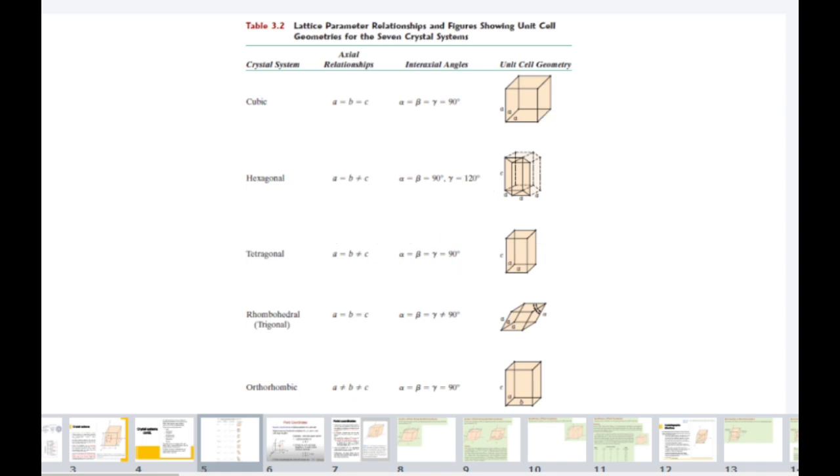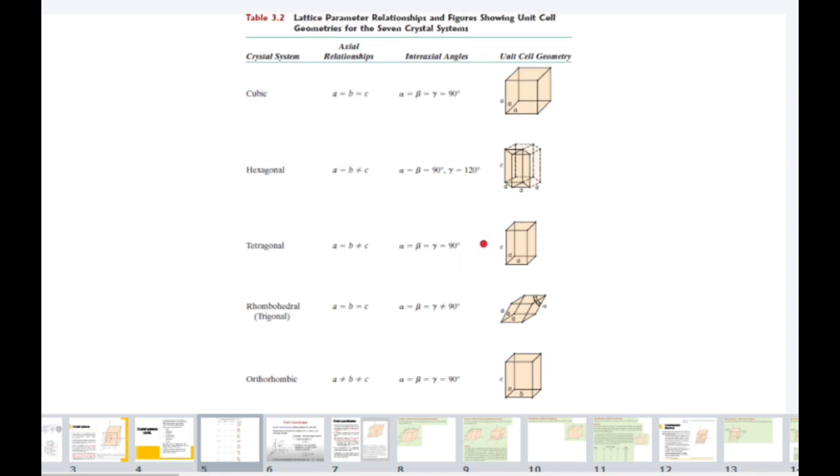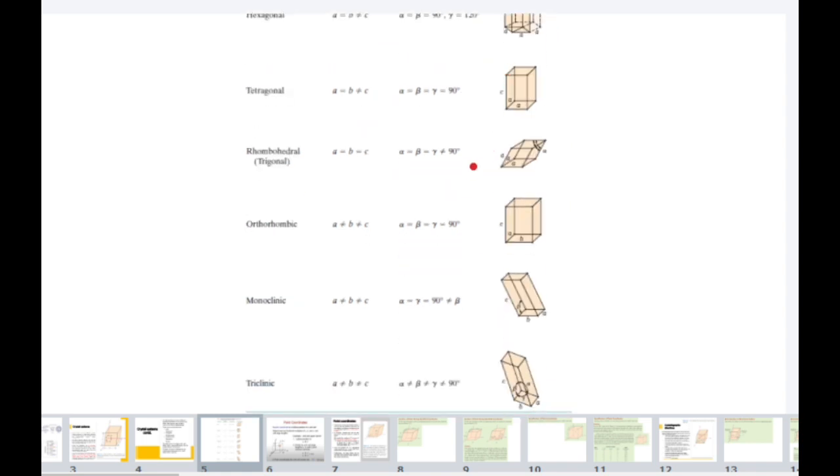And we have the rhombohedral, also known as the trigonal, in which sides are equal and angles are equal, but they are not 90 degrees. The orthorhombic, again, the sides are not equal. This side is not equal to this side, and these two are not equal even to the height, right?